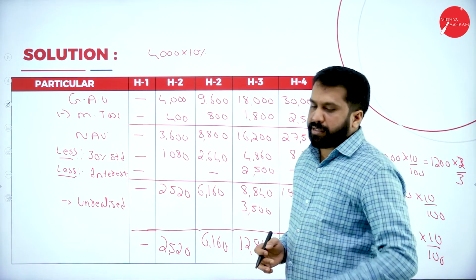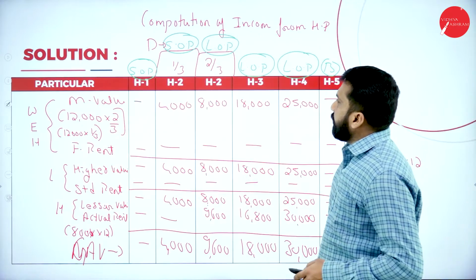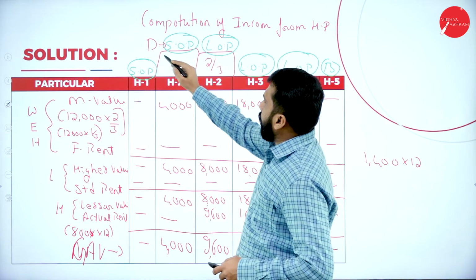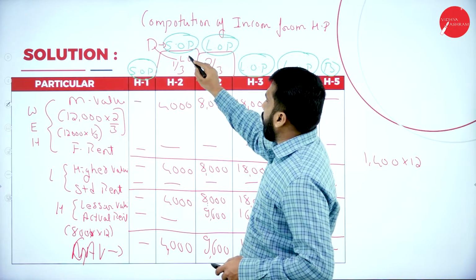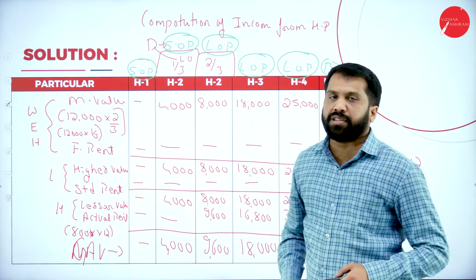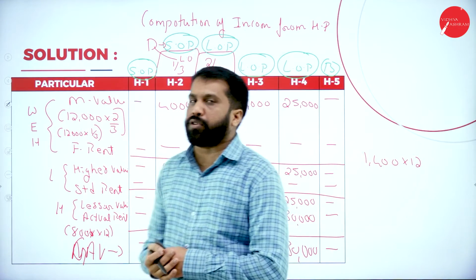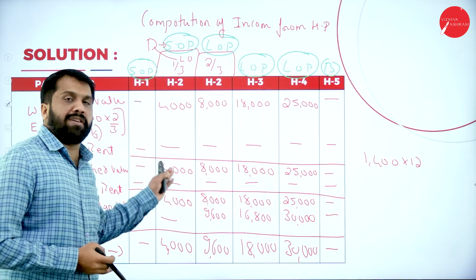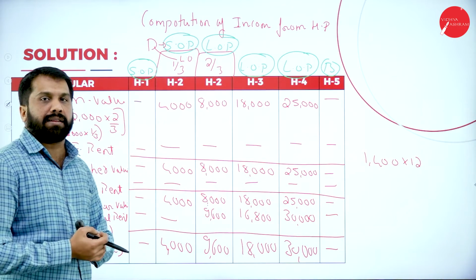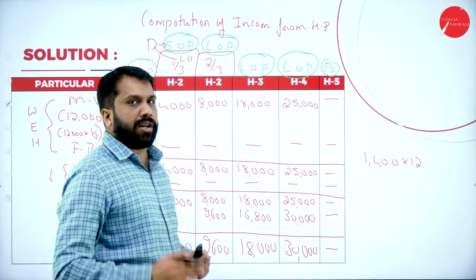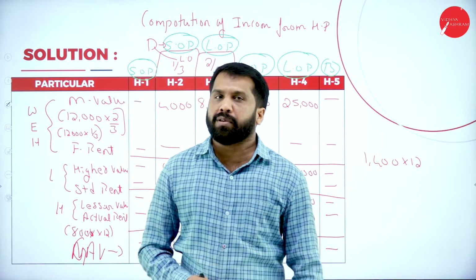So if you have taken this as deemed let out, then this will be the calculation. If you have taken it as self-occupied, then the previous one I showed, that will be your calculation. For your examination, which method do you have to follow?